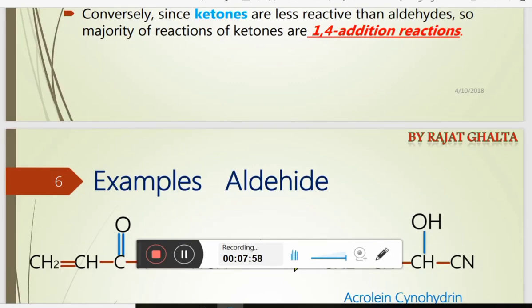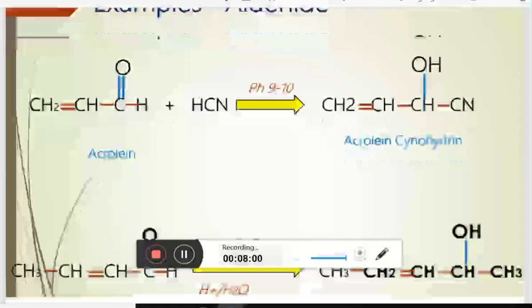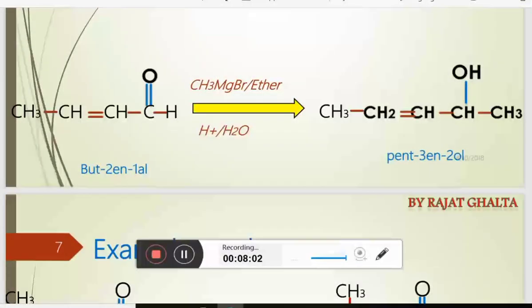There are so many other examples, and the following slides will tell you what conditions will give you the 1,2 addition and what conditions will give you the 1,4 addition, that is the Michael addition. It depends upon the softness and hardness of the incoming nucleophile, upon the reagent, and upon certain solvents.